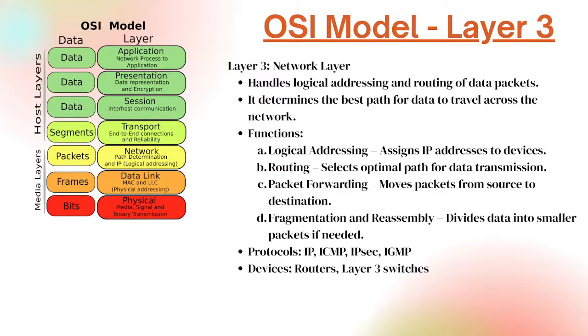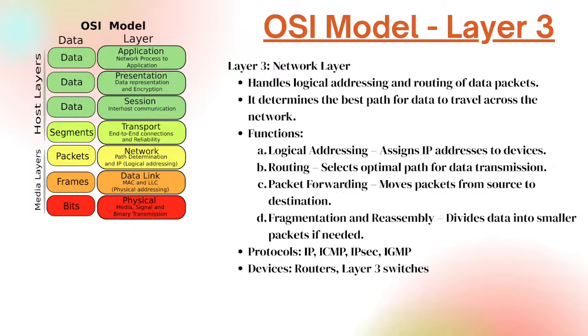Again I repeat, the network layer is the third layer of the OSI model. It is responsible for delivering the data packet from one computer to another across different networks. When it comes to the major functions, logical addressing means assigning a unique IP address to a device so that the data knows where to go.